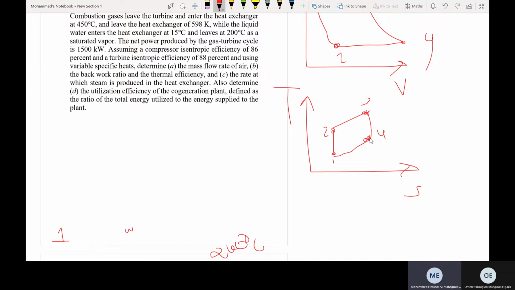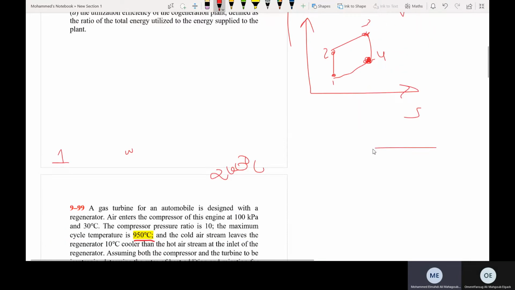So what we are going to do, we're not going to just exhaust it to the environment and then come to temperature 1 eventually. We are going to use this turbine exhaust in a heat exchanger to generate some steam. Because if we put this point 4 here, point 4 will enter a heat exchanger, and then it's going to leave the heat exchanger, of course, at a lower temperature.